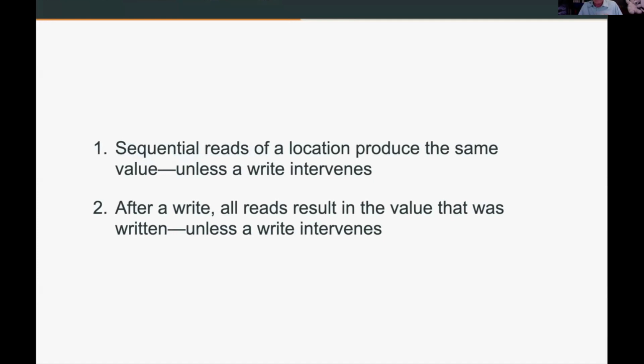If you have sequential reads from the same location, you read X or you read F of 15, that should produce the same value every time you look at that same location, variable or array, unless there's been a write to that location in between one read and the other. So reads should be consistent unless something happens. Same thing with a write. Once you wrote something, then every subsequent read should read the value that you wrote there, unless there's been another write intervening.